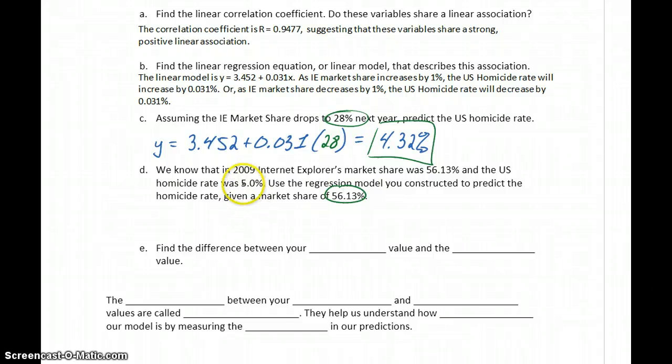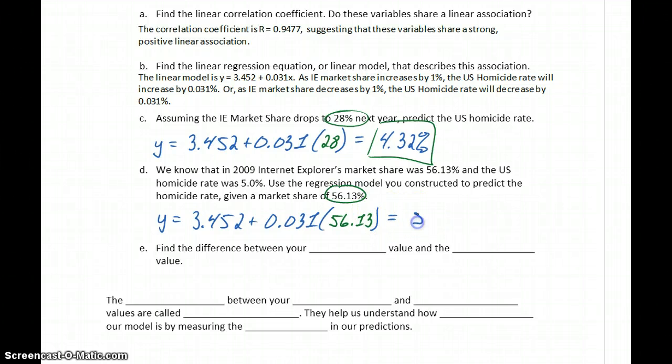The value should come out to be 5, because that was the actual value. If we calculate y equals 3.452 plus 0.031 times 56.13, we get 5.19203.